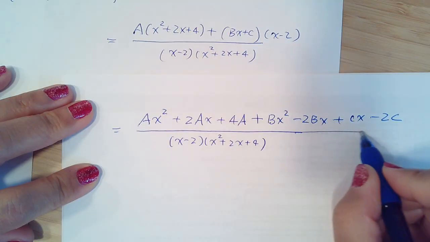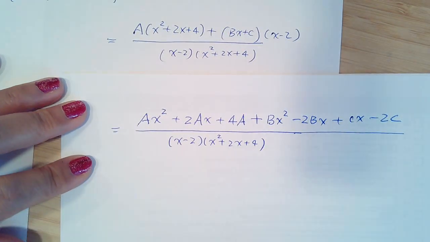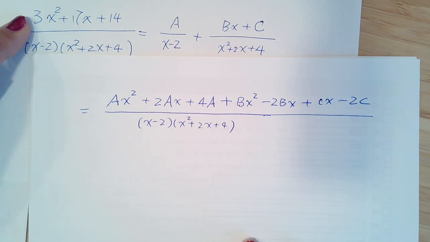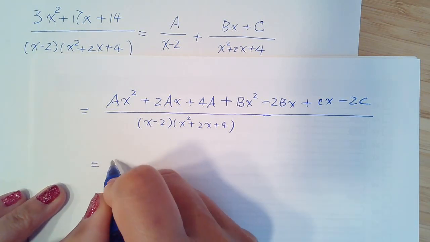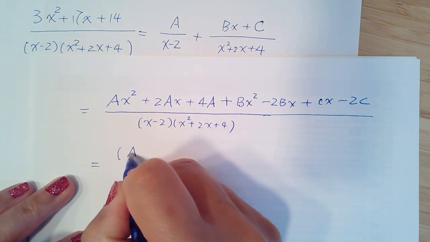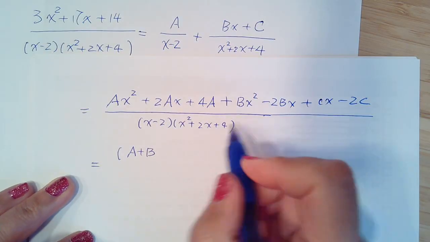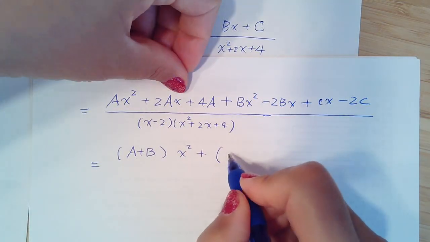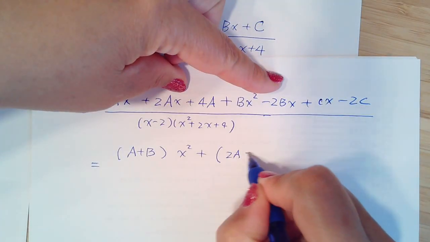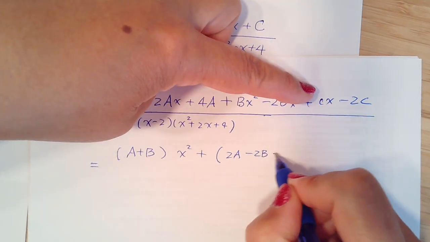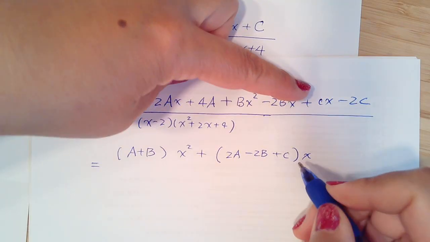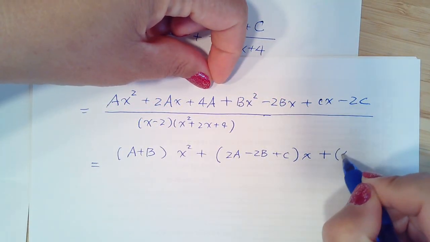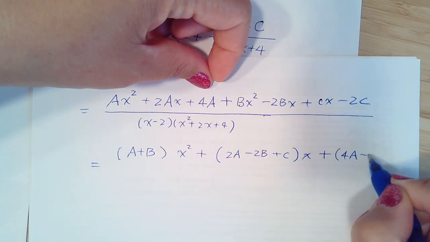So what I'm going to compare this with is the original numerator. Let me combine. A plus b is my x squared term. What about the x term? I have 2a minus 2b plus c. And the last one is the constant term, 4a minus 2c.